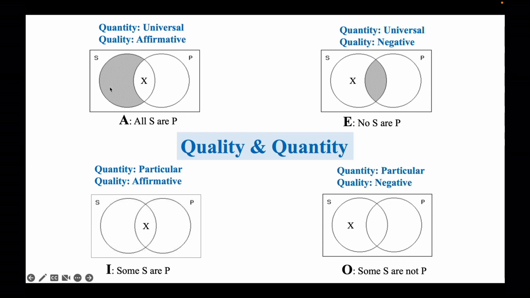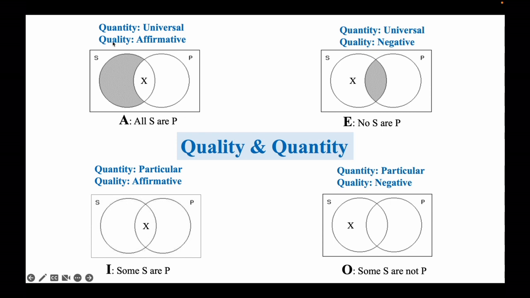When we look at the A form and E form, these two forms make statements that are universal, because they refer to all members. Even though the E form denies, it denies of all members. So the quantity of the A form is universal.